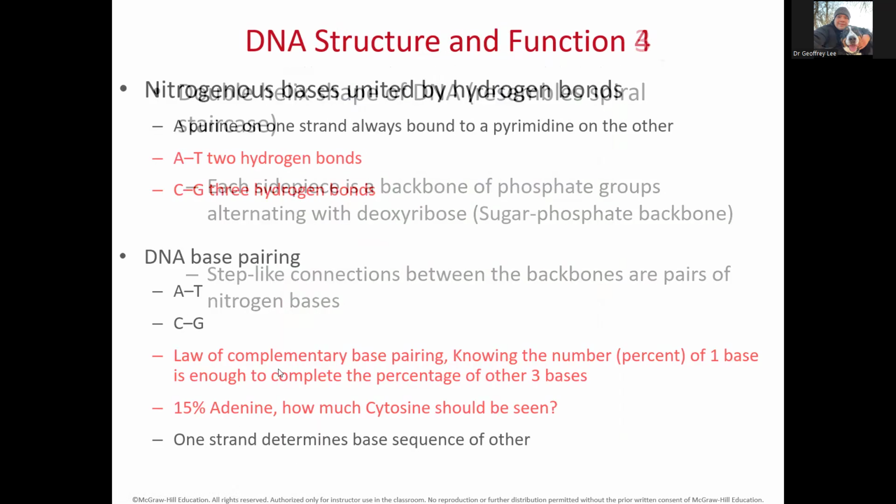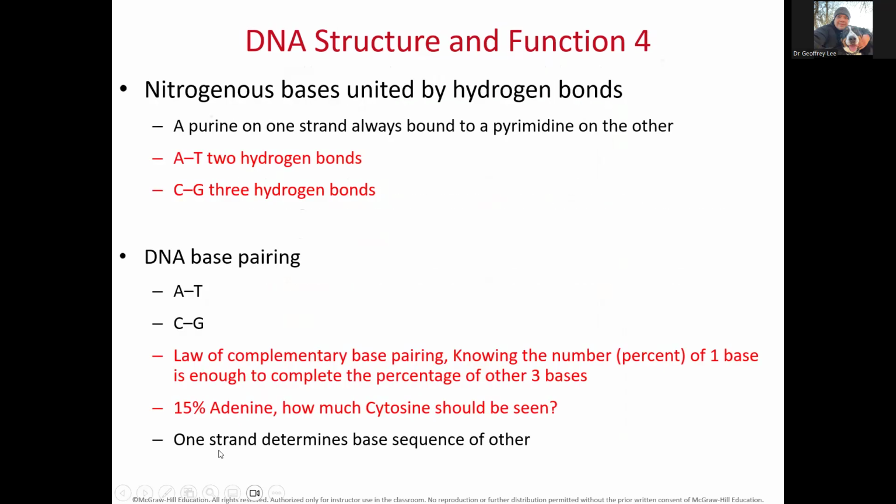Now that we know this, a couple of things happen. This is the law of complementary base pairing. It means that by knowing the number of one of the bases in a given region, not only do you know the number of the other complementary base, but you should know all of them. What do I mean?